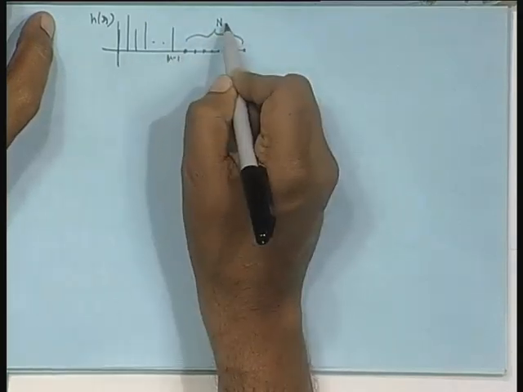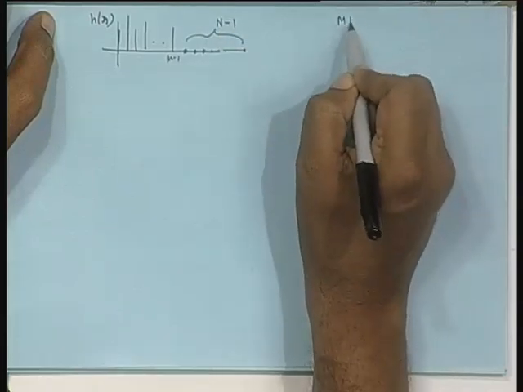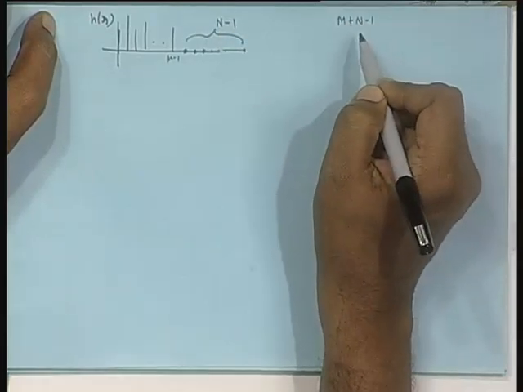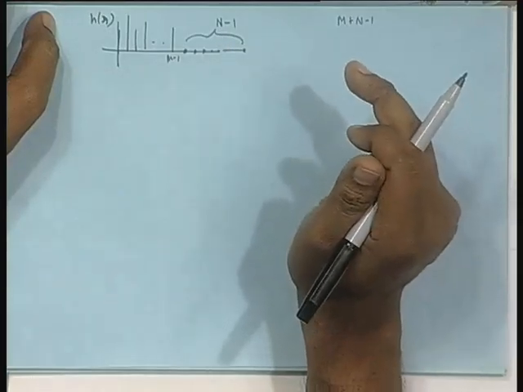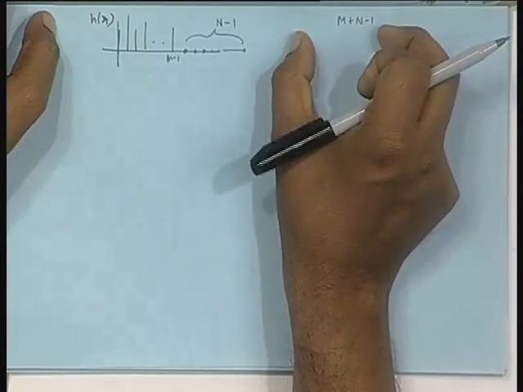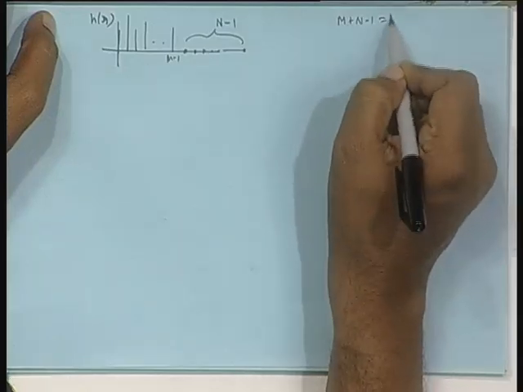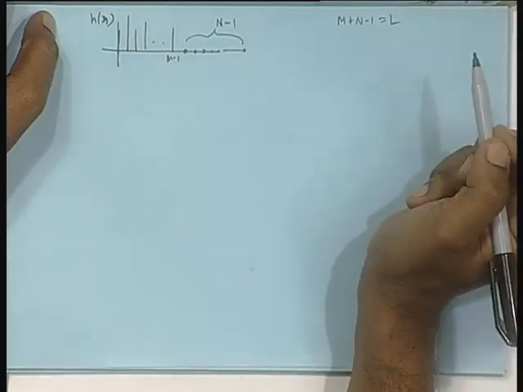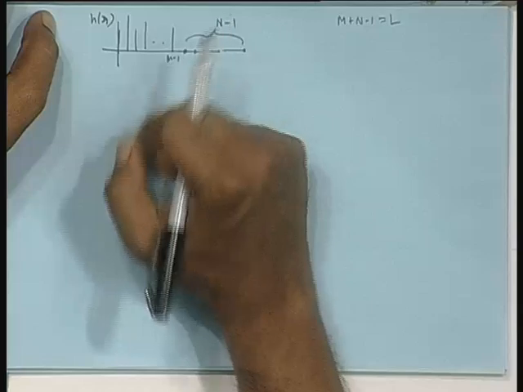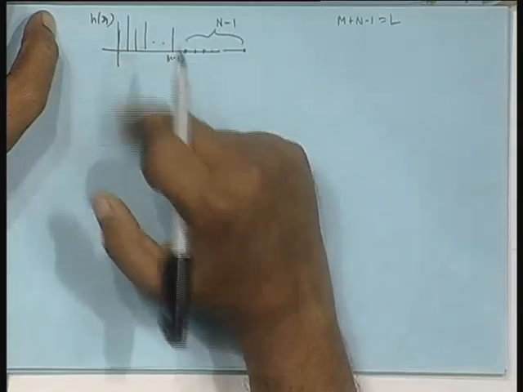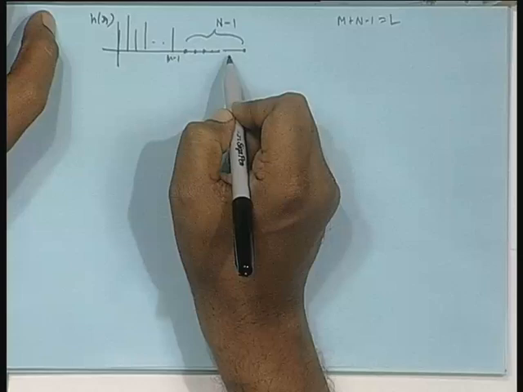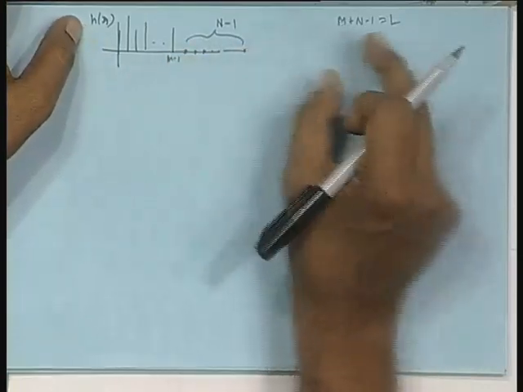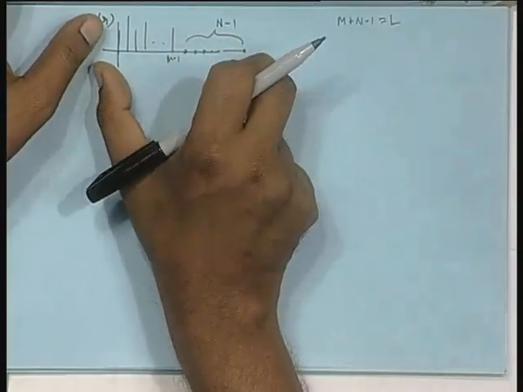N minus 1 zeros, because M plus N minus 1 is the length of linear convolution between x[n] and h[n]. That is, output y[n] has a length of this, you can call it capital L. So, I want to make both the input signals, h[n] and x[n], of the same length. So, I appended extra zeros. Already it was M, now N minus 1, so M plus N minus 1, its length is L.